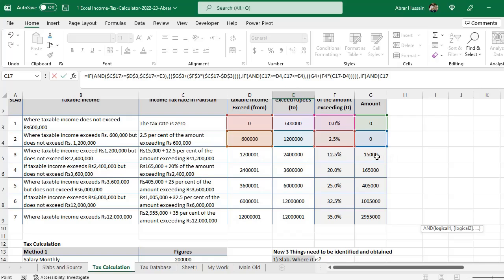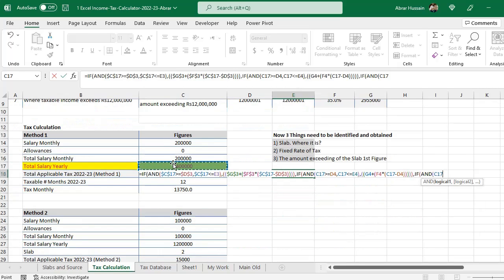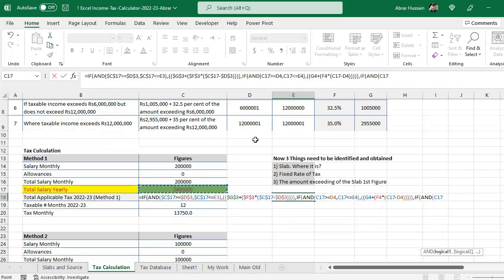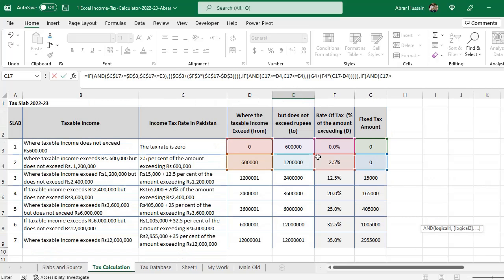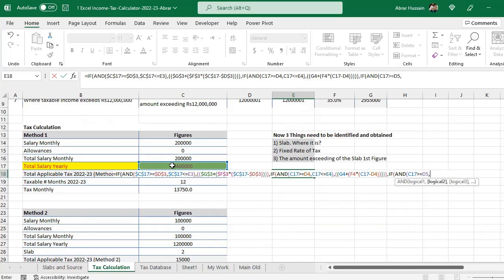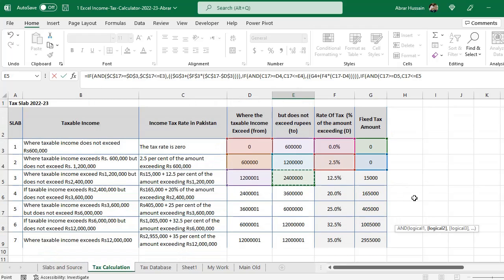You should do this fixed amount plus 12.5% of the amount that is exceeding 12 lakh, the first point. So this minus this again. Let me do it again. This is greater than or equal to this, and this is lesser than or equal to this one.